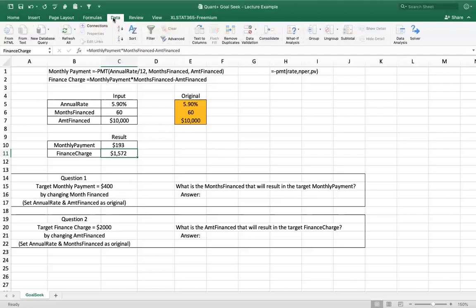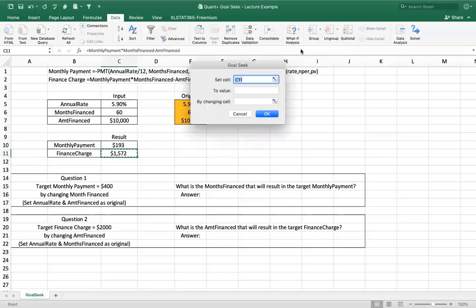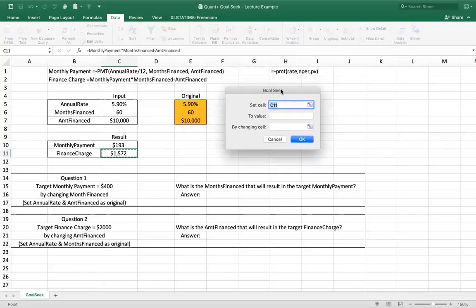So we click on the Data tab and go to What-If Analysis. Here's Goal Seek. Set cell, to value, by changing cell. We want to set the monthly payments cell to $400. So find the monthly payments here. That's C10. I can just click on it and Excel will automatically do this for me.